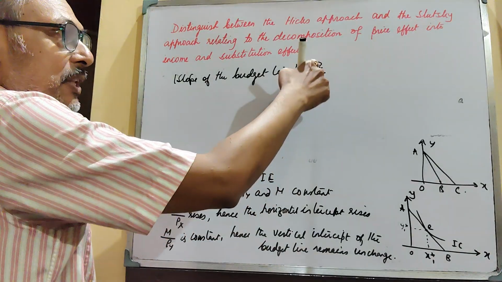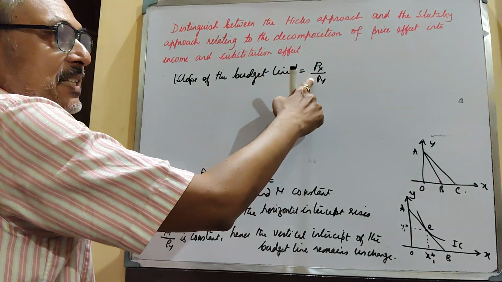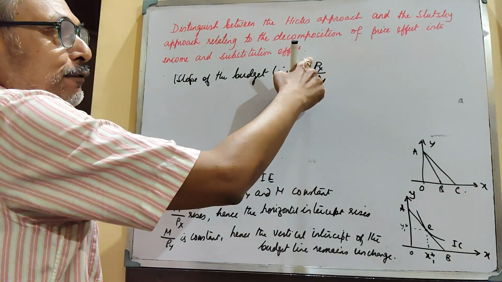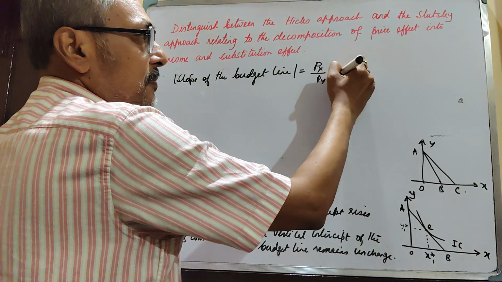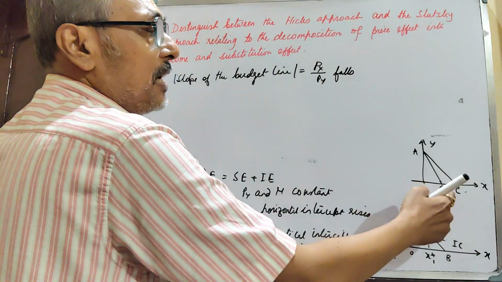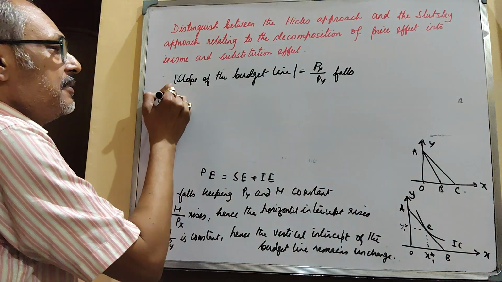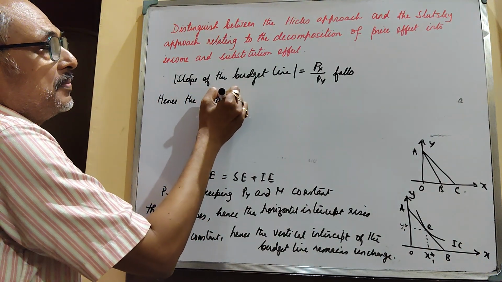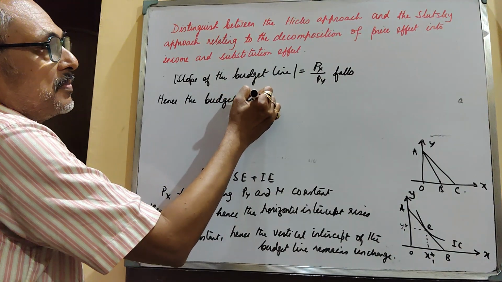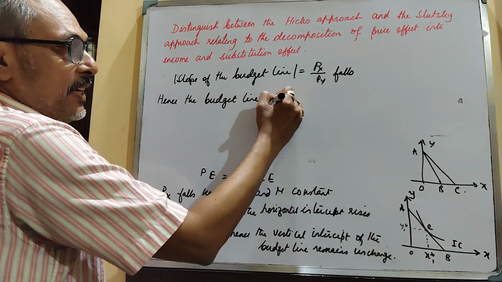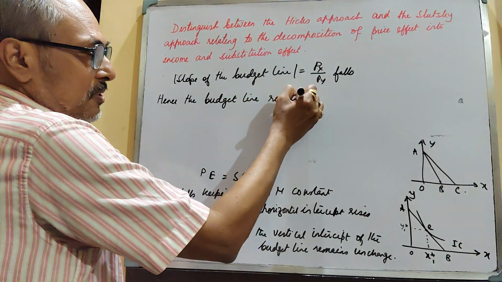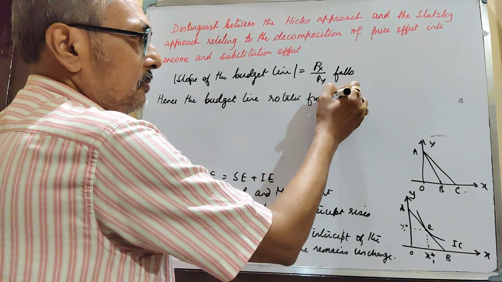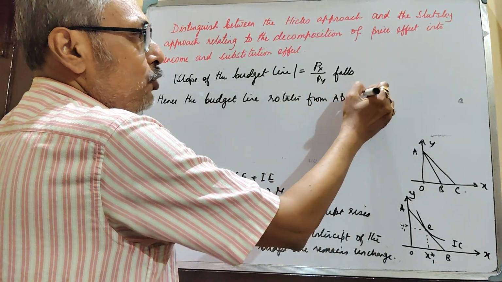Therefore, the numerator is falling, denominator is unchanged, so the ratio falls. The budget line becomes flatter. Hence, the budget line rotates from AB to AC.